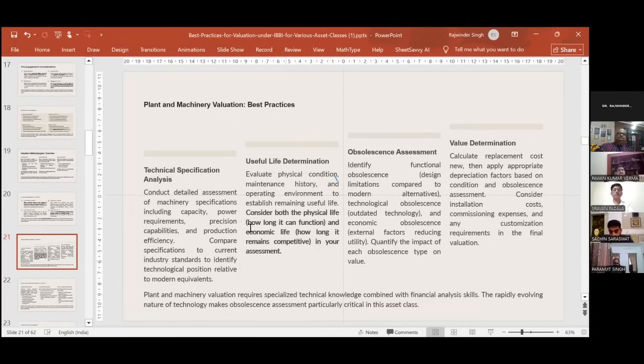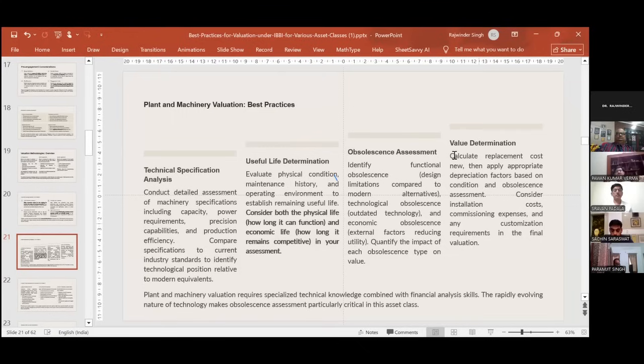After going through all these three steps, your last step is determination of value. Calculate replacement cost new, then apply an appropriate depreciation factor based on condition and obsolescence assessment. Consider installation cost, commissioning expenses, and any customization requirement in the final valuation.